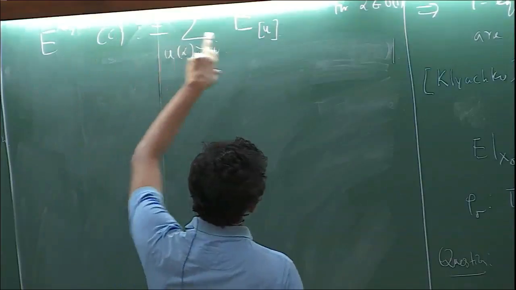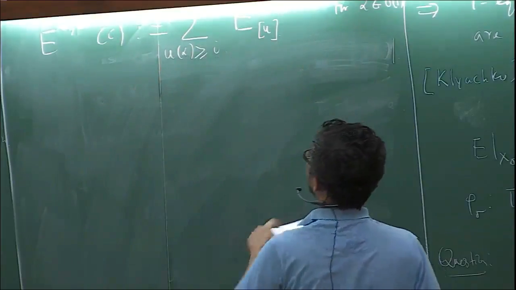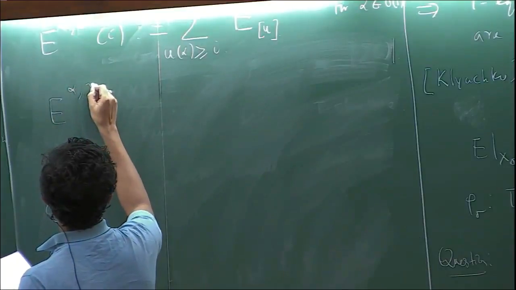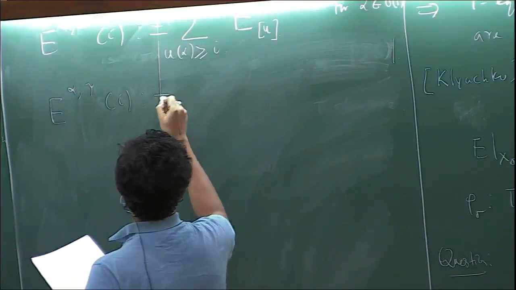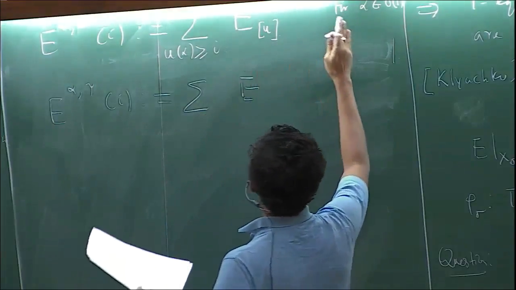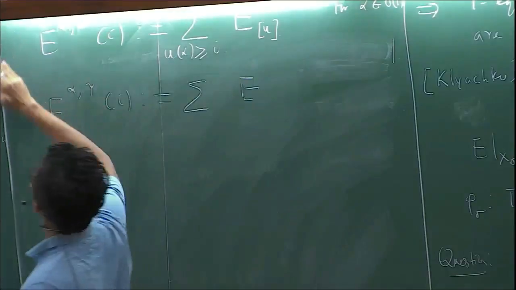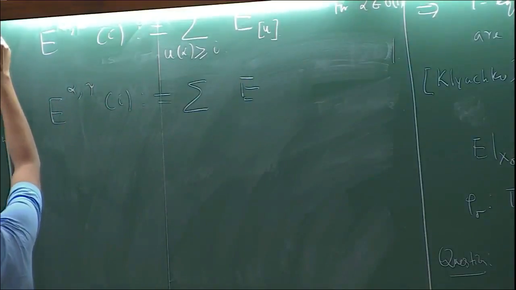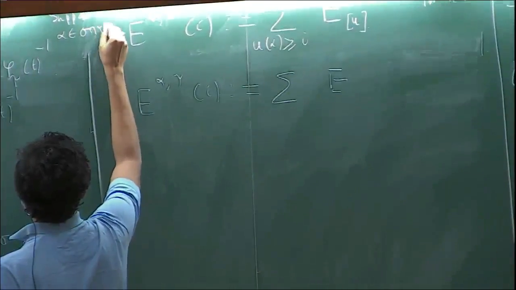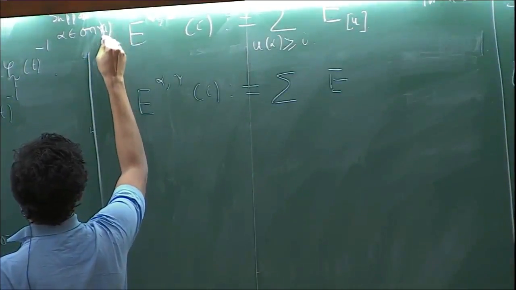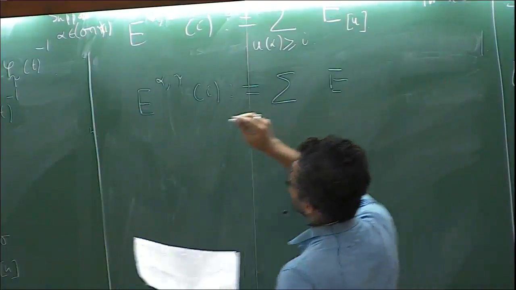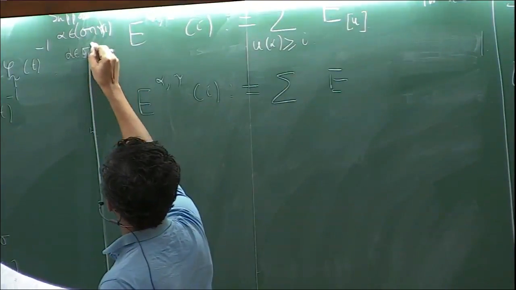Now this alpha can be in another tau. So similarly you can define E alpha tau of I. Suppose alpha belongs to sigma intersection tau 1, so it is in both sigma 1 and tau 1.